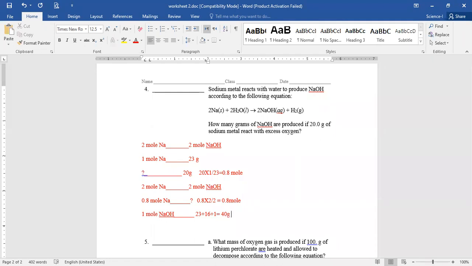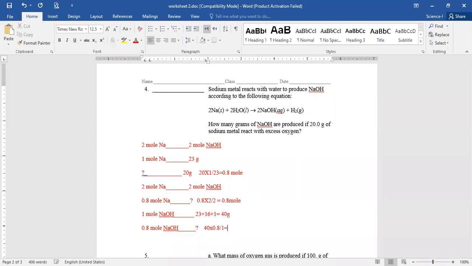So 0.8 mole of NaOH will equal 40 multiply 0.8 divided by 1, which equals 32 gram.